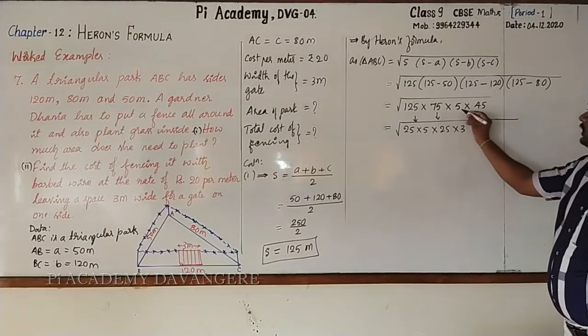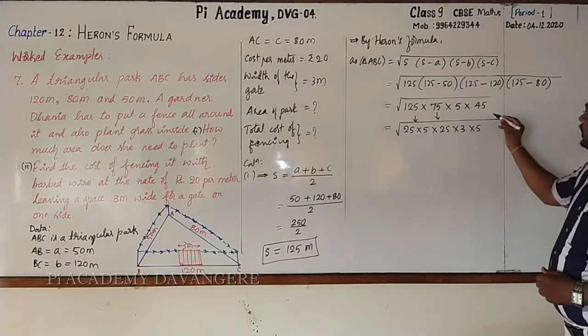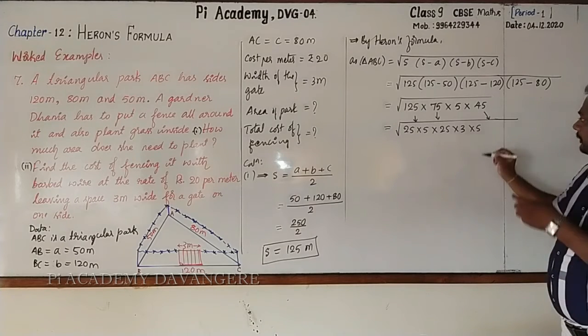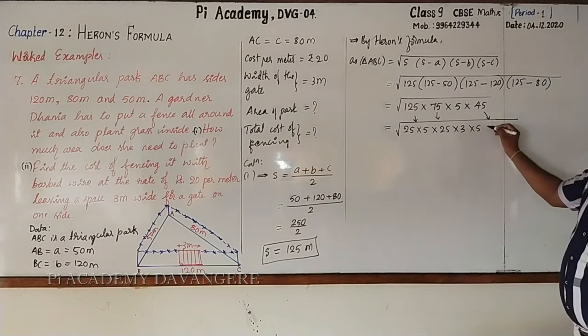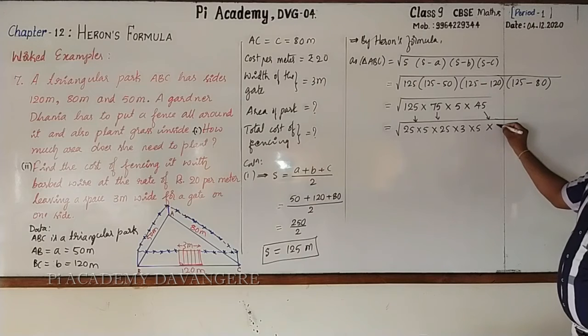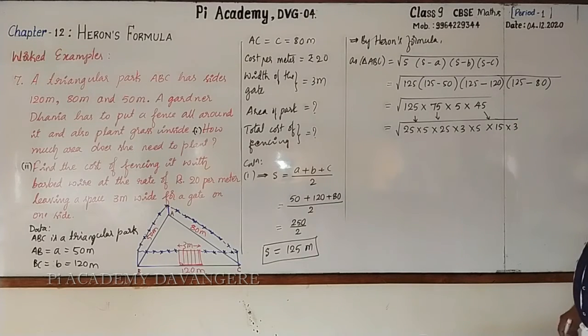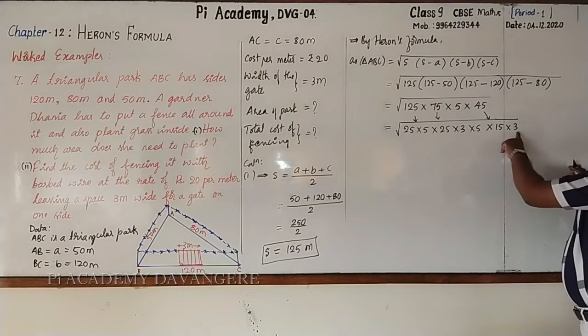Next, here 5, let me write this as it is. Whereas 45, you can write this as 15 3s are, because here is 3, here is 3.